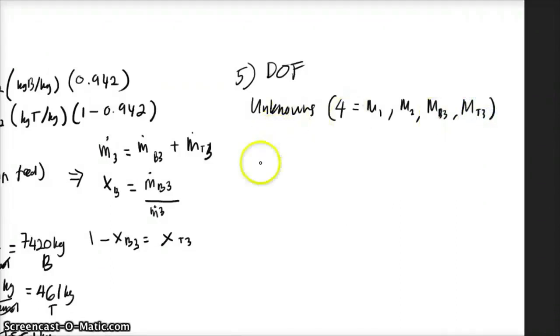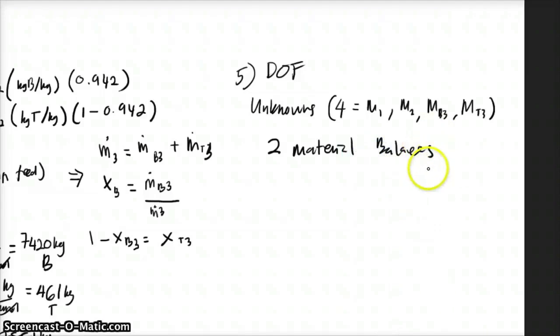So material balance, we have 2 molecular species, which is benzene and toluene, is it? I'm not sure, I forgot. Anyway, so we have 2 material balances, since we have 2 molecular species.